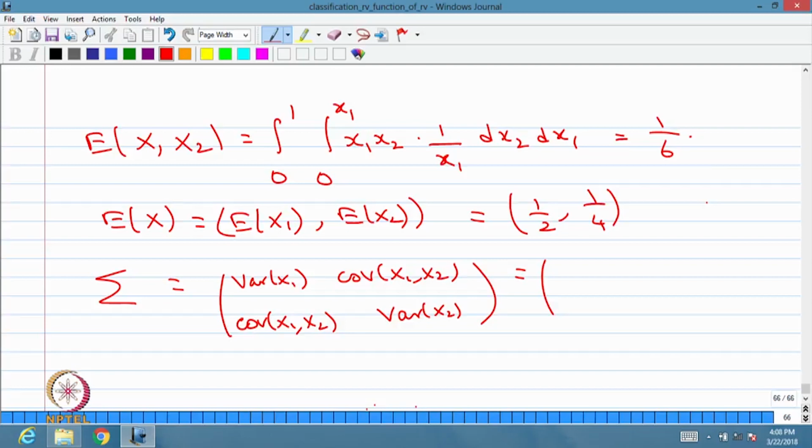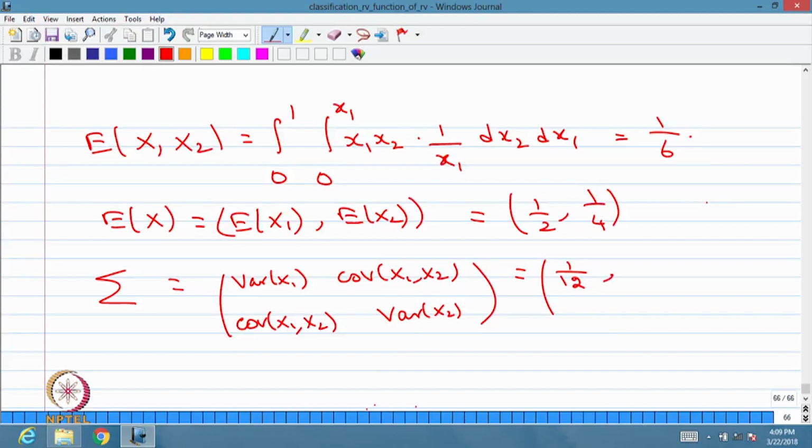We got the expectation of x1 and expectation of x1 square. So the variance is expectation of x1 square minus expectation of x1 whole square. If you do the simplification, you will get the answer 1 by 12.